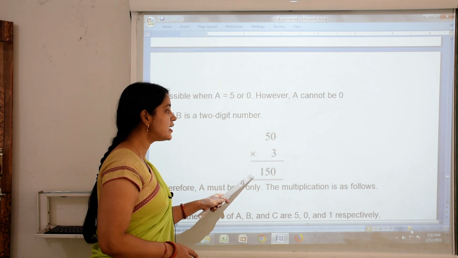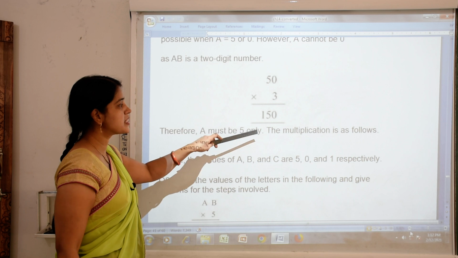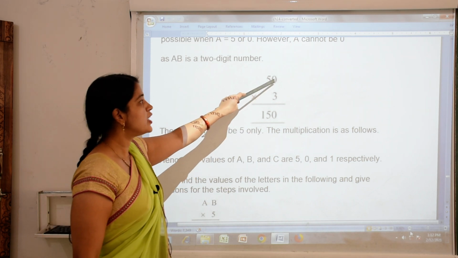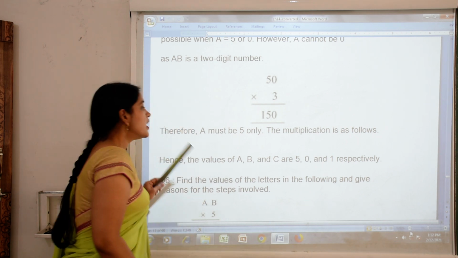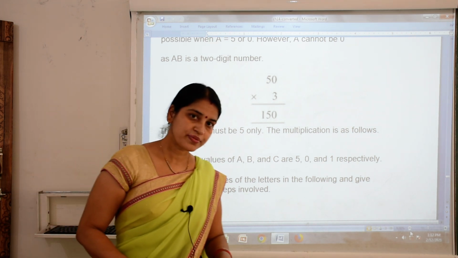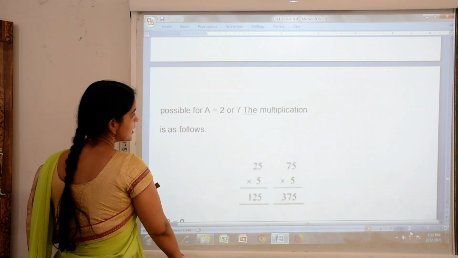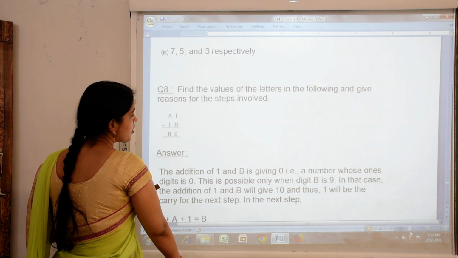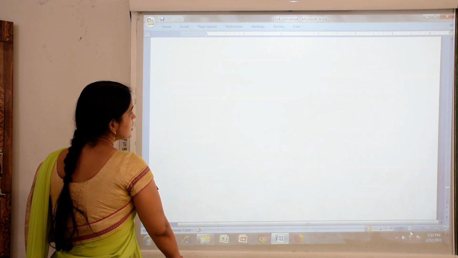Hence our puzzle get solved. So the value of A must be 5 only and the value of B must be 0. Okay. So in this way you have to find the values of the letter. So you have this type of question in this exercise. Now let's see exercise 16.2.